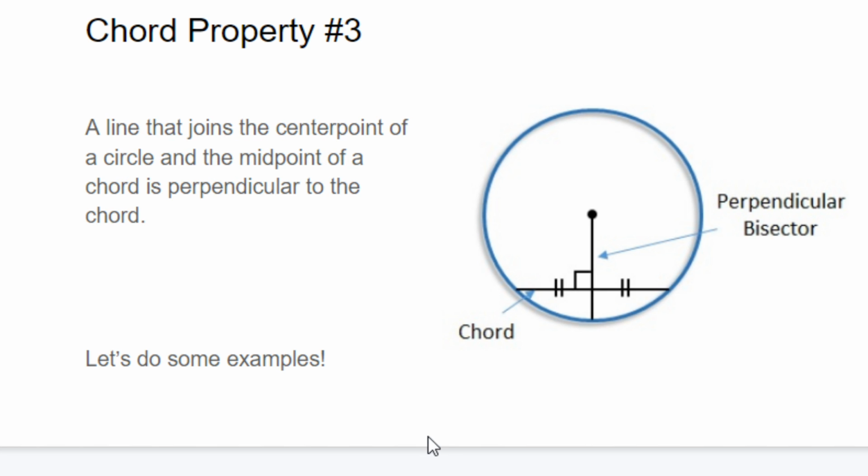And chord property number three is a line that joins the center point of a circle and the midpoint of a chord is always perpendicular to the chord. So these two, number one and number three, kind of go together. If you have a 90-degree angle there, then you know you're going to have two equal parts left and right.